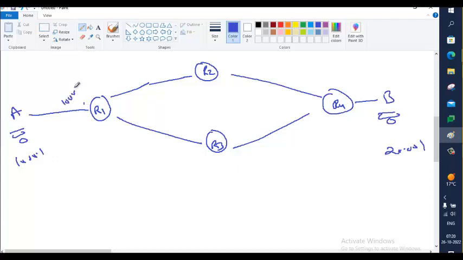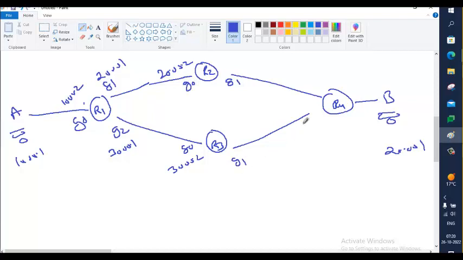Here 10.0.0.2, 20.0.0.1, 20.0.0.2, 30.0.0.1, 30.0.0.2. Understand this topology.